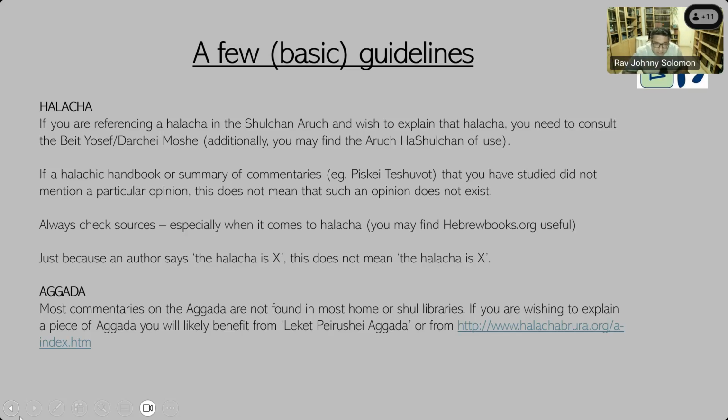And just because an author says the halacha is X, this does not mean the halacha is X. It means the author thinks the halacha is X. So if you're giving a shiur, be aware that you're relying on the research of somebody else who is determining a certain conclusion. If you want to determine that conclusion, you need to do the legwork.